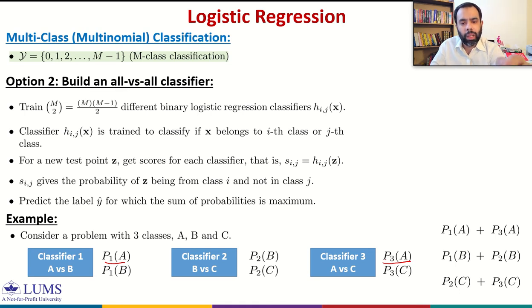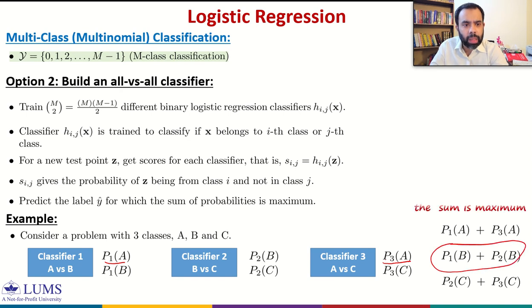For example, if P1B plus P2B is greater than the other two values, we say B is the label for the test point. That is an all versus all classifier. When we defined it earlier, we did not define it in the context of logistic regression, but here I think you must have a better idea of what an all versus all classifier is and what we mean by a one versus all classifier.